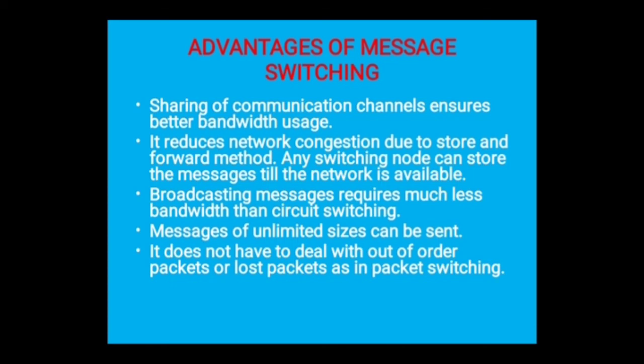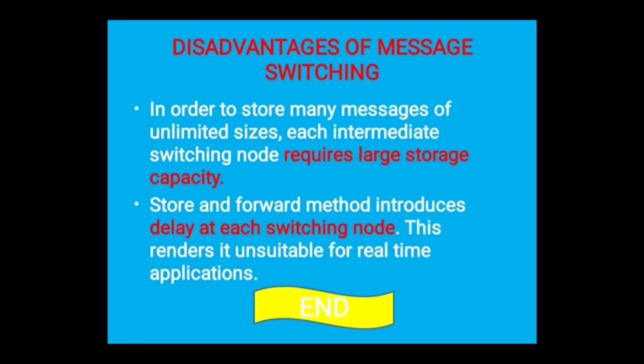My bandwidth is shared among all the channels. It reduces network congestion, and broadcasting a message requires much less bandwidth than circuit switching. Messages of unlimited size can be sent, and it does not have to deal with out of order or lost packets as in packet switching.